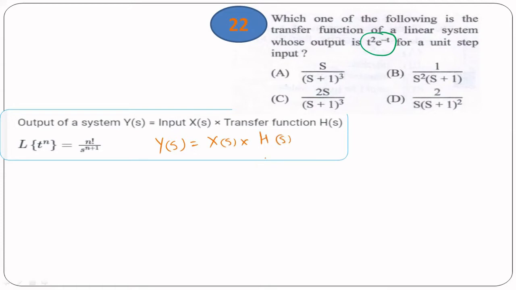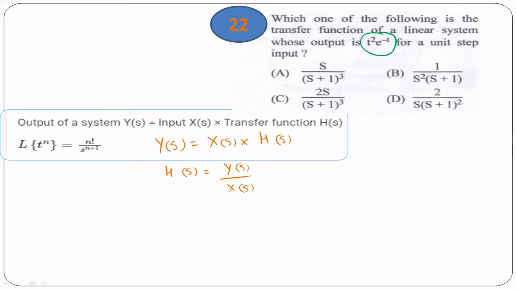From this we can write h of s is equal to y of s divided by x of s. This is the standard way of writing the transfer function, that is, Laplace transform of output divided by Laplace transform of input.